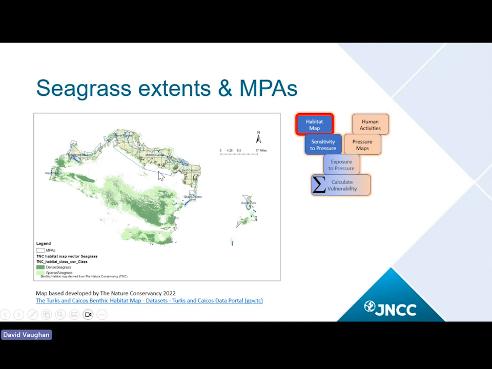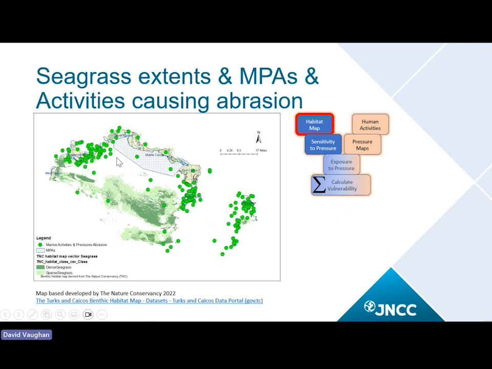Then we're also looking at where the MPAs are constructed, where they're covering the seagrass beds, and then we just put on the activity maps as well. So if you're looking at seagrass, you're looking at a number of layers where these are causing pressures that the seagrass itself is sensitive to.